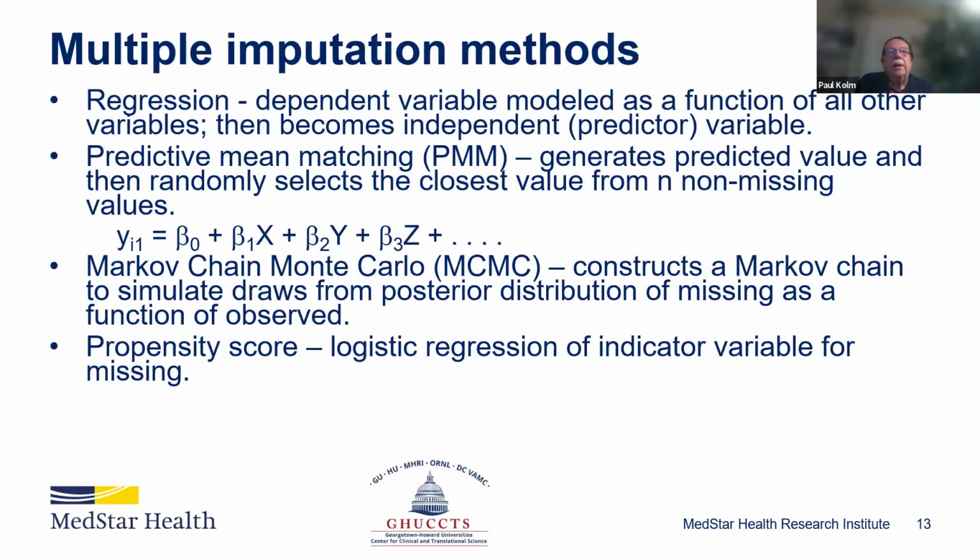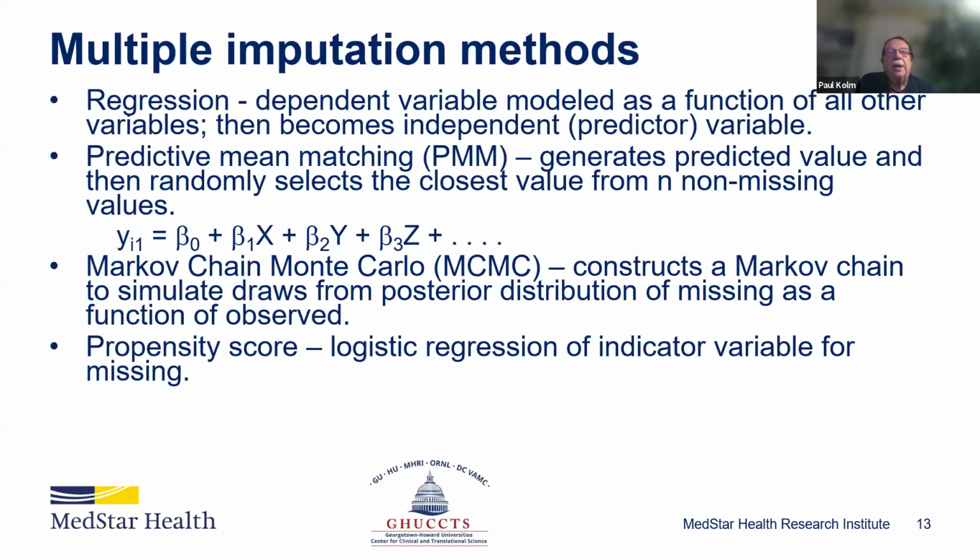Another method for continuous data is predictive mean matching, and this is actually my preference if you have continuous data. What it does is generate a predicted value and then randomly select the closest value from another patient in the data set who is not missing that particular variable.